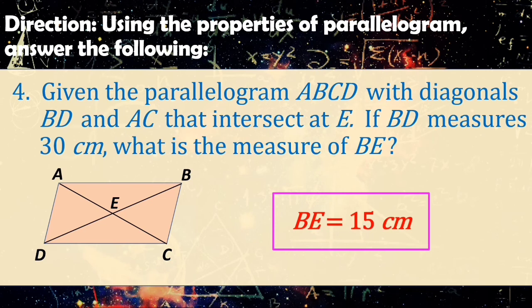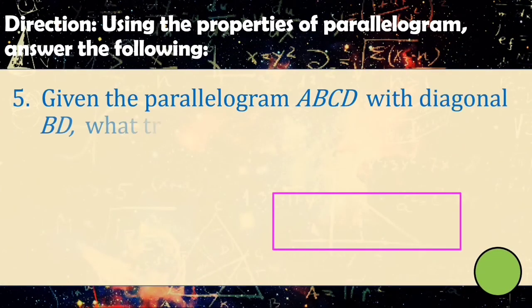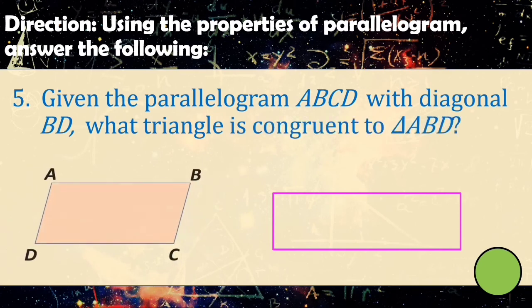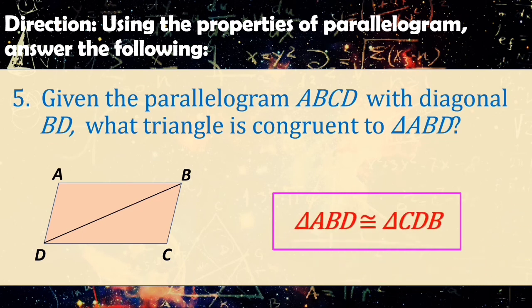That's correct, 15 centimeters. Number 5. Given the parallelogram ABCD with diagonal BD, what triangle is congruent to triangle ABD? That's correct, triangle CDB.